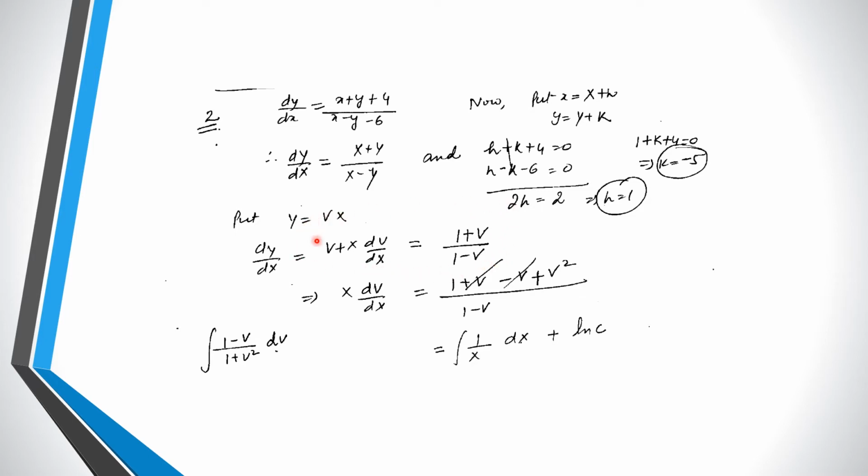Now take v to this side, club all the terms of v variable. Right? Now just see, there are two functions. One is a function of v, another is a function of X. Combine the v terms with dv and X terms with dX, taking integration to both sides. Simplify this.